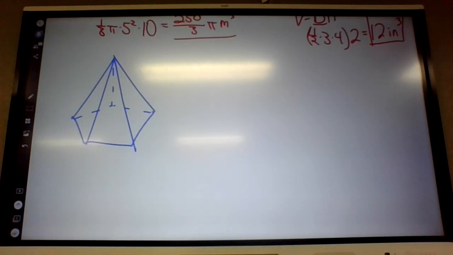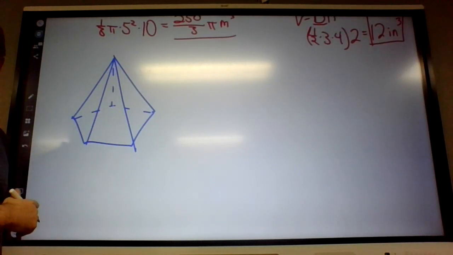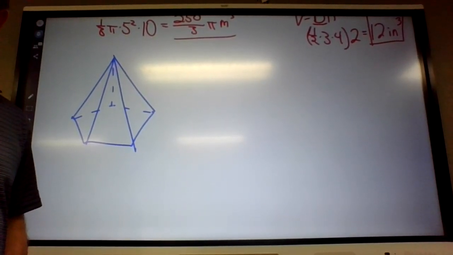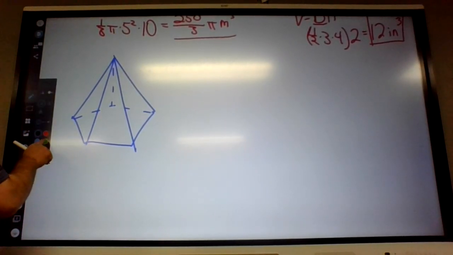What kind of pyramid is that? Pentagonal. Does that have 8 sides? No. It's gonna be hard to draw the height the way I drew this. Okay, I'm gonna cheat a little bit.